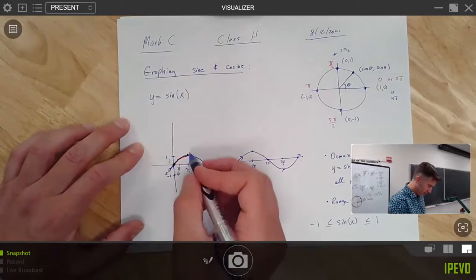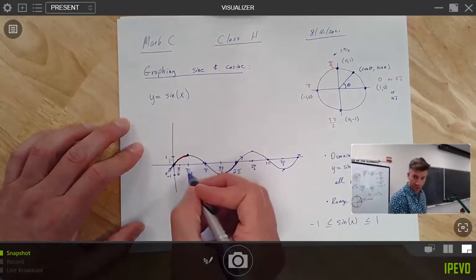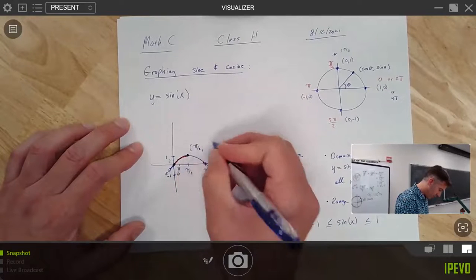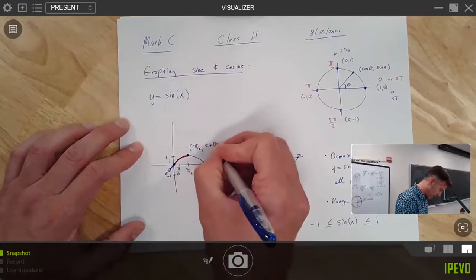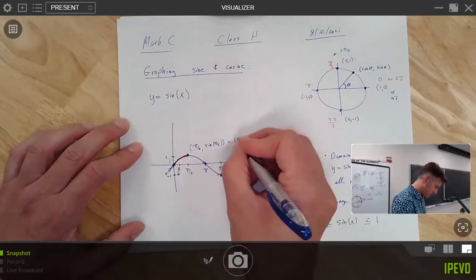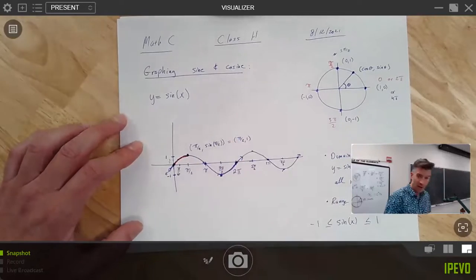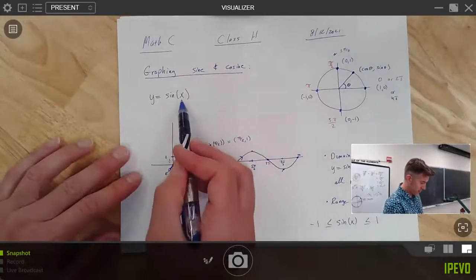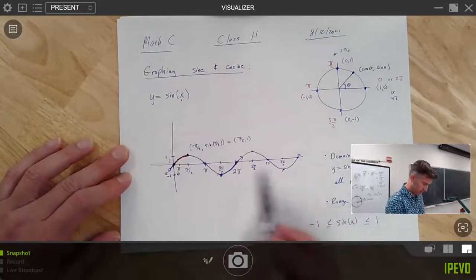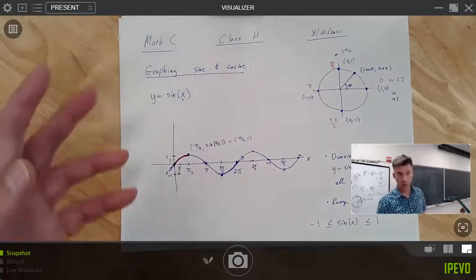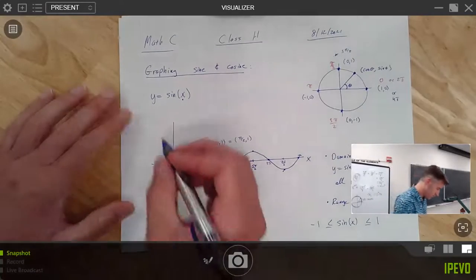So this point right here has an x coordinate of pi over 2 and a y coordinate that is sine of pi over 2. But that's 1. So that's how we're getting the points, by using the unit circle and using the input as the angle, that's our x, and the output is sine of that angle in this case, or in the second graph, cosine of that angle.